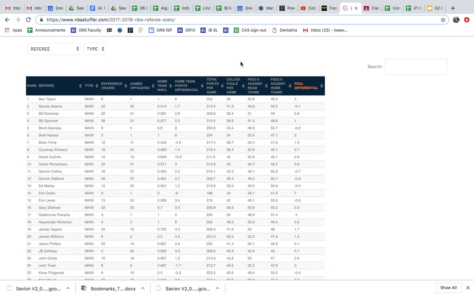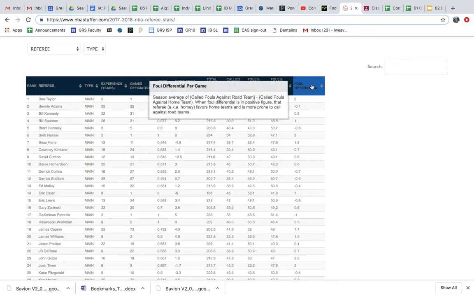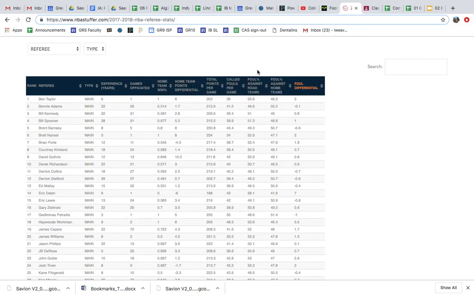They have all these numbers on referees, and this list could be categorized a lot of different ways, and there's a lot of different studies to look at within here, but they do have the experience in years, and I would want to know to what extent do older referees outperform younger referees, or vice versa, in terms of their foul differential between home teams and away teams.